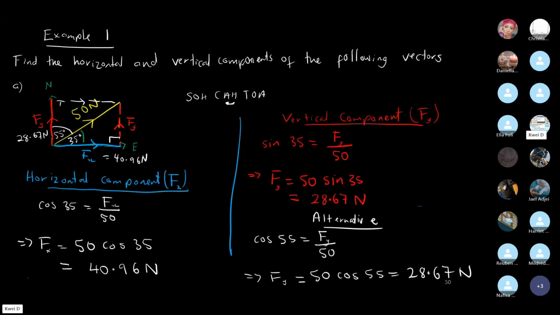This example you do by yourself. So find the horizontal component and vertical component of the vector below.